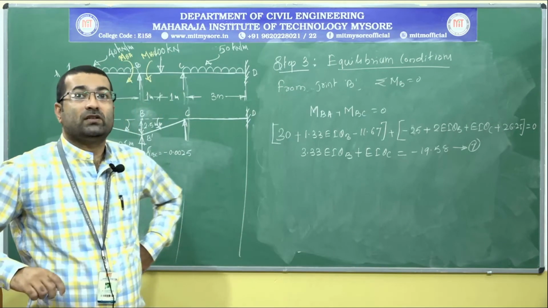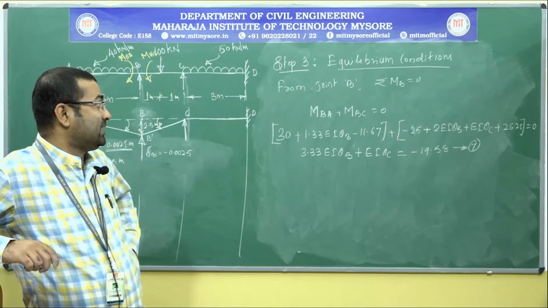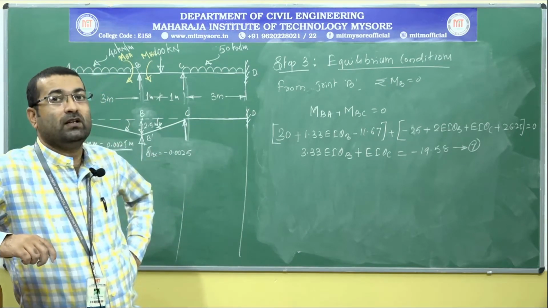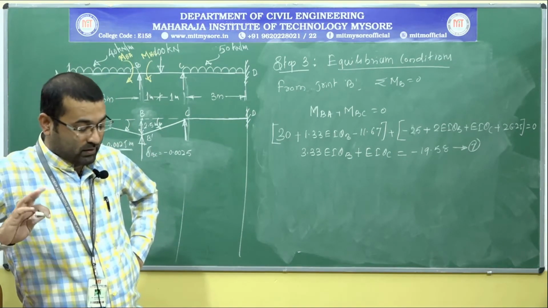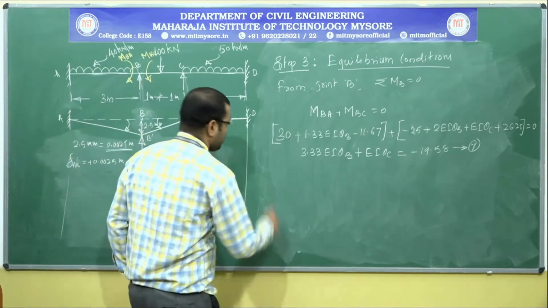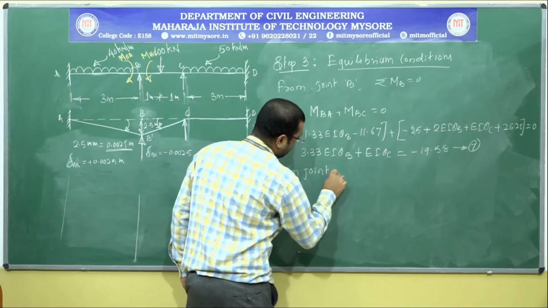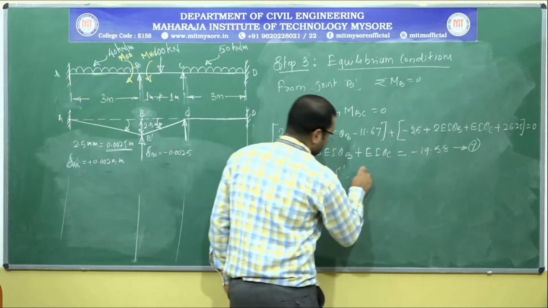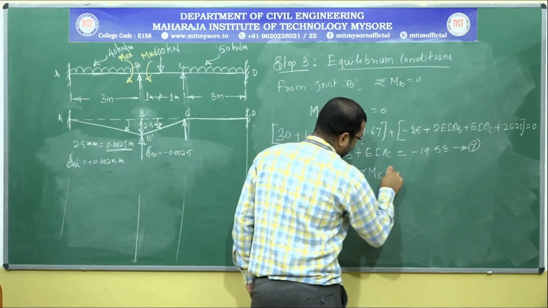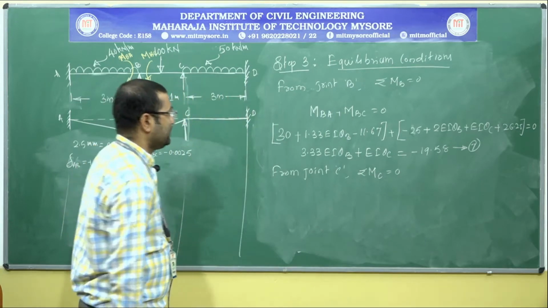Similarly, I have to write one more equilibrium condition at joint C, so that I can determine the one more rotation at C. So from joint C, again the algebraic sum of moments at joint C must be equal to 0.